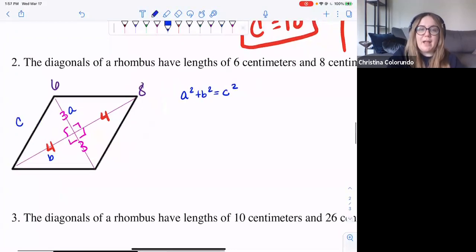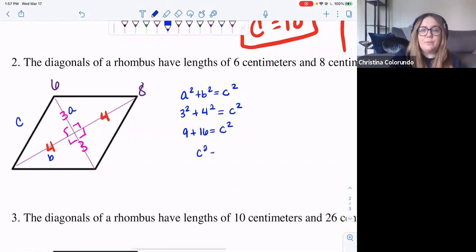We substitute a with 3, and that gives us 3 squared plus 4 squared because we were substituting the b with 4, and that equals c squared. 3 squared is 9, and 4 squared is 16. We add 16 and 9, which gives us 25. We find the square root of both sides of the equation, which gives us c equals 5.